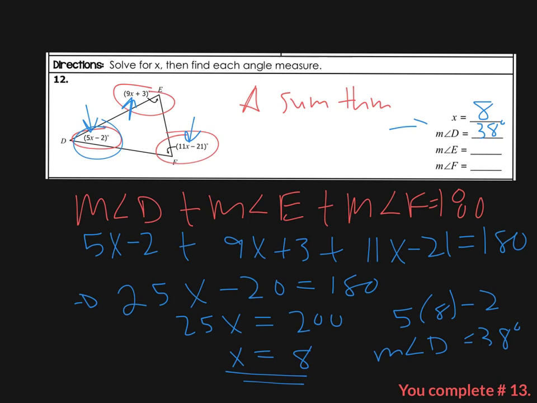So I've placed that answer right here. You complete these two and then move on. After you've substituted 8 into this algebraic expression and this expression, put in the correct values for E and F, and then add them all up and make sure that it actually does equal to 180. Then move on.